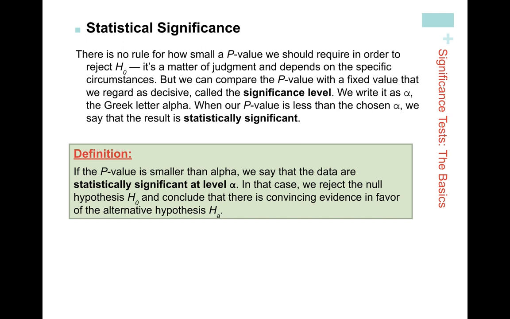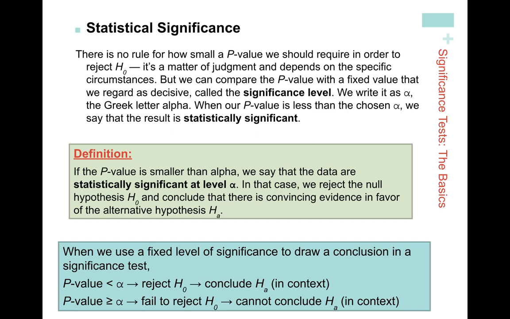That gives us reason to doubt the veracity of the H null. So when the p-value comes back small, less than the alpha level, we call those results statistically significant at the alpha level, and in that case, we're going to reject the H null.